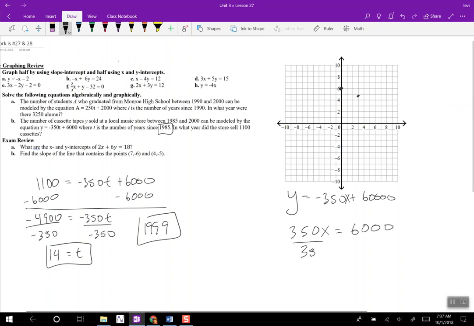So divide by 350. 6,000 divided by 350. And that's going to be out here at 17 something. So our x-intercept will be out here at 17 if we continue that on.